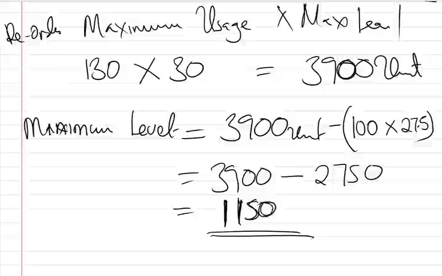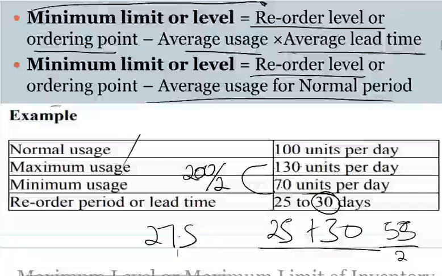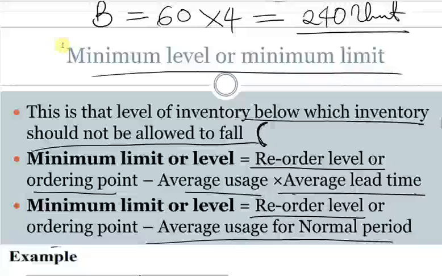Minimum level is the level of inventory below which we should never allow it to go, right? That's the definition. So that's how you calculate it. We're saying reorder point or reorder level. How do you find reorder level? Maximum daily usage or monthly usage or weekly usage times maximum lead time.